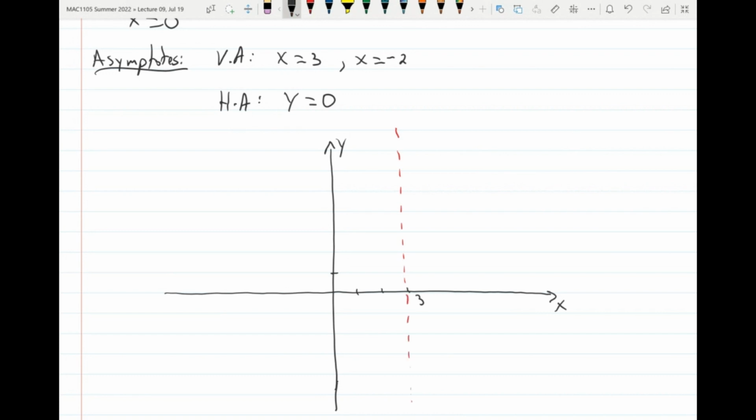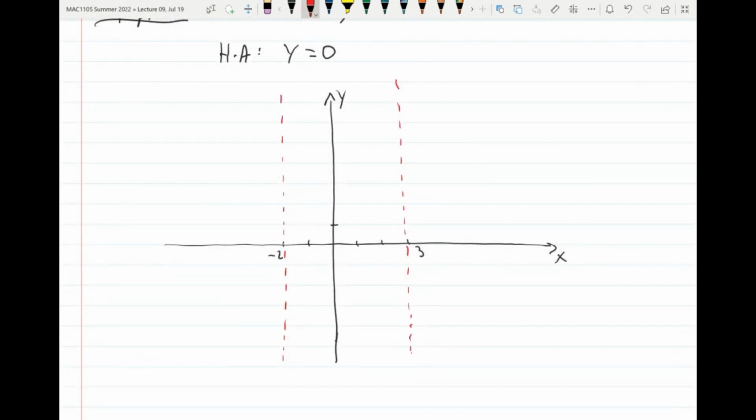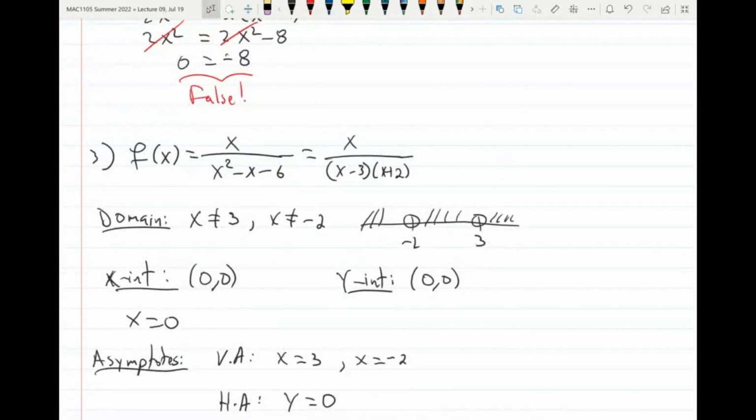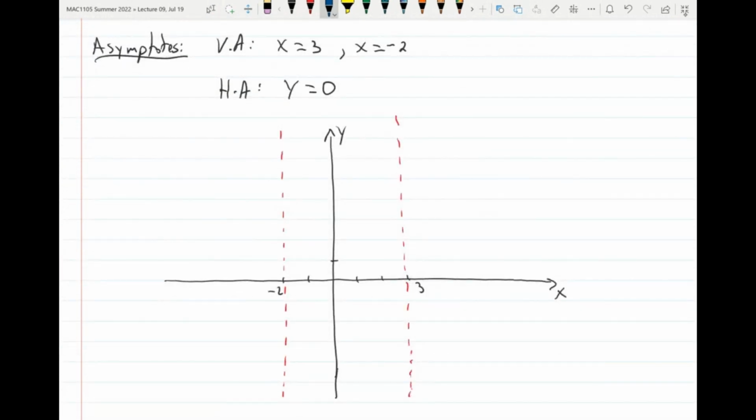And then x equals negative 2, another one over here. So we have our vertical asymptotes, and the horizontal asymptote happens to be y equals 0, which is the x-axis, so it stays there. Then plot all the points that you have. In this case, we only have 1 point, 0, 0. So there's some work to do. That's fine. Okay, so we have the point there.